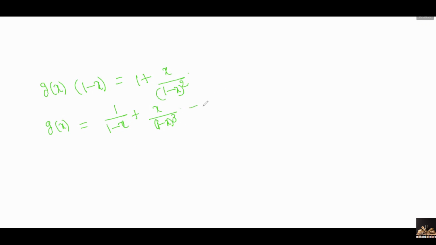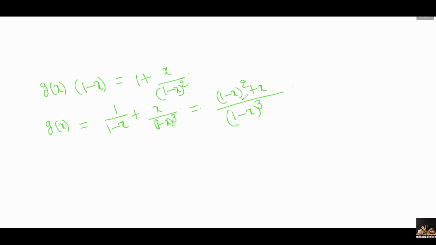Now you can simplify this with the LCM, and it becomes 1 minus x whole square plus x by 1 minus x whole cube.